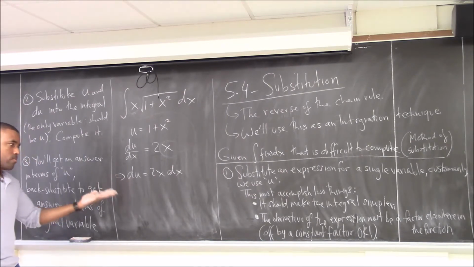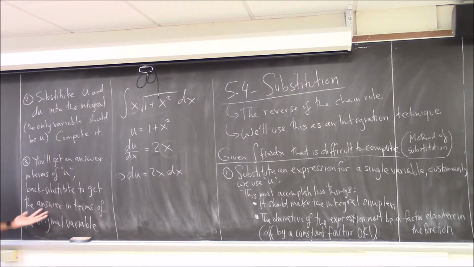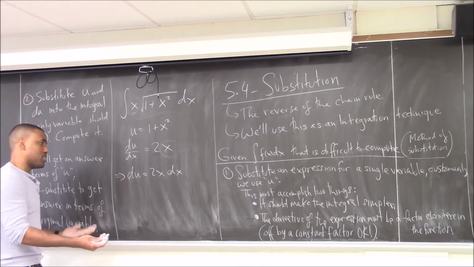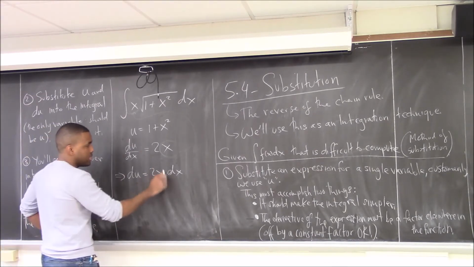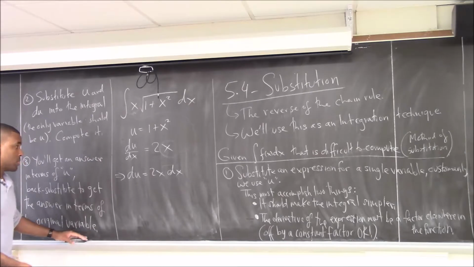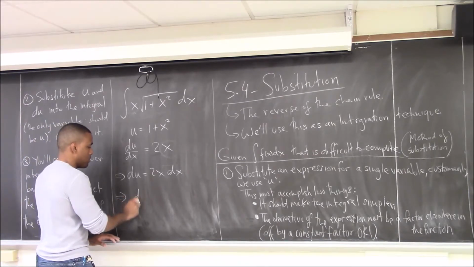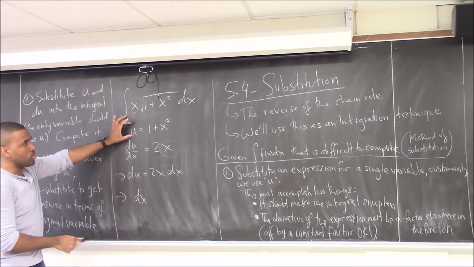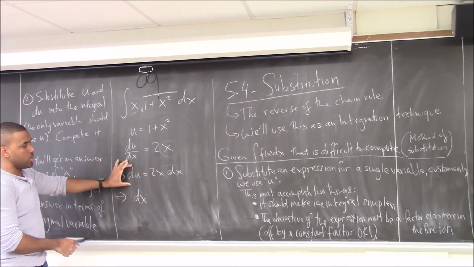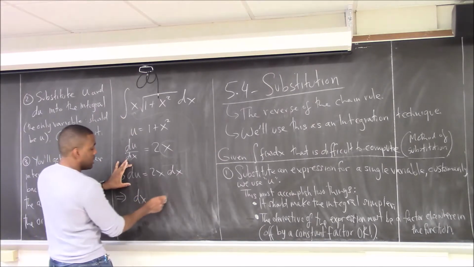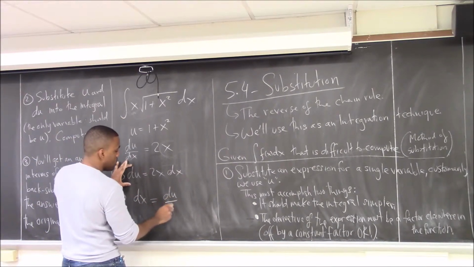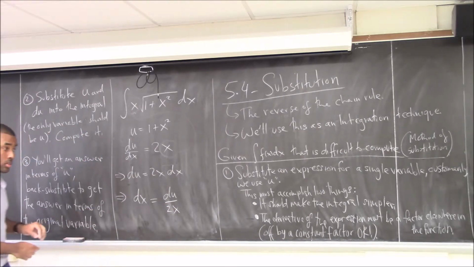After this point, there are a couple ways you could do it, but in my experience, students prefer to do it this way. They solve for the dx. Right? So you get u equals 1 plus x squared, du equals 2x dx. Then you solve for the dx. So the dx would be du over 2x.